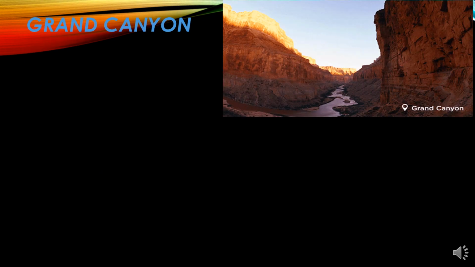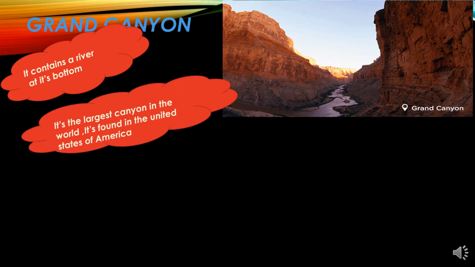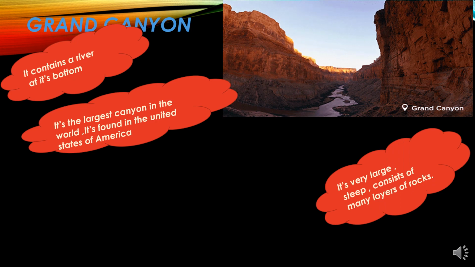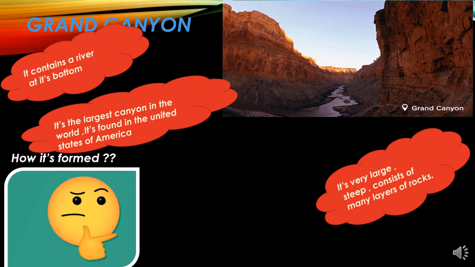Now, let's talk about the most famous canyon in the world, grade 4, which is called the Grand Canyon. We have said before that it's the largest canyon in the world, and it's found in the United States of America. Also, it contains a river at its bottom, and it's very large and steep and consists of many layers.